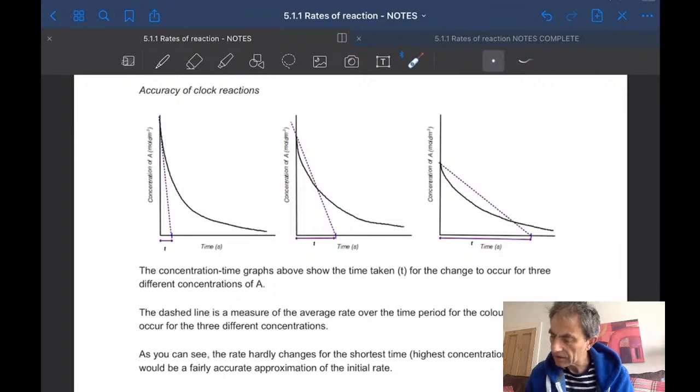So you can see there, as time increases, the rate changes more and more over the time period. For the long time period, that's going to be the measure of the initial rate of the reaction, but you can see the rate's changing quite a lot in that time period, so that is not the best measure of the initial rate. The short time period is fine, absolutely fine, because the rate is pretty constant.